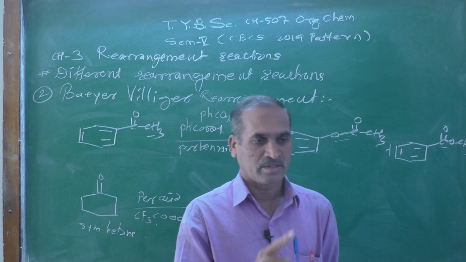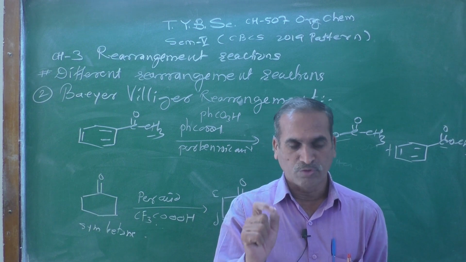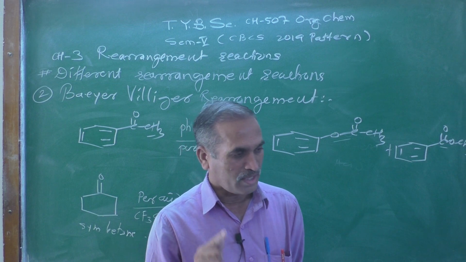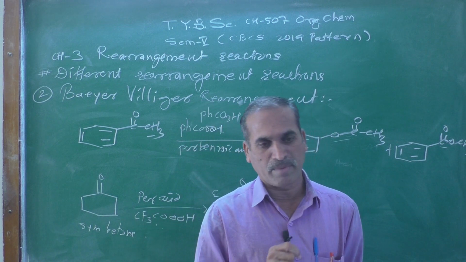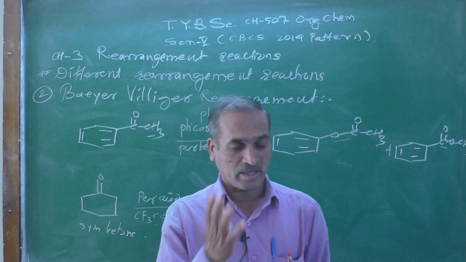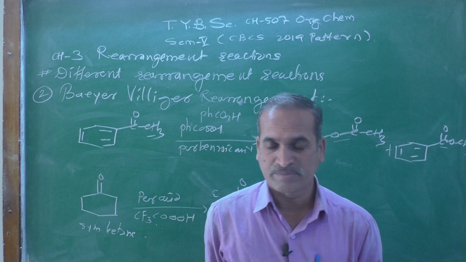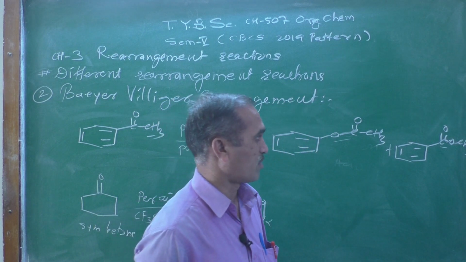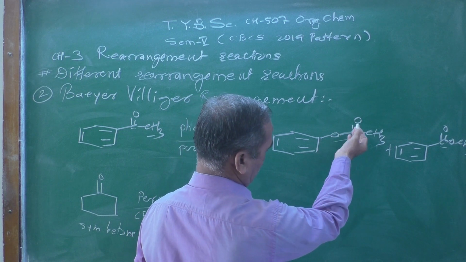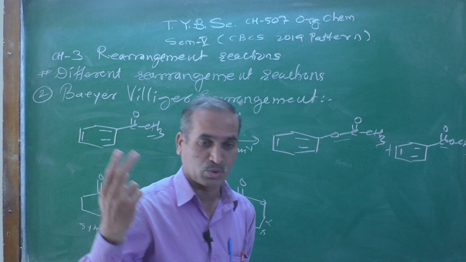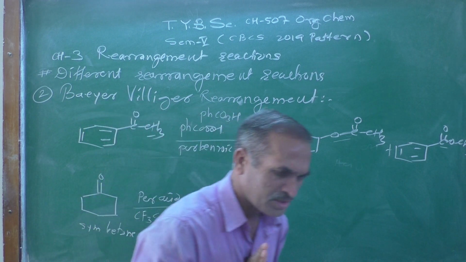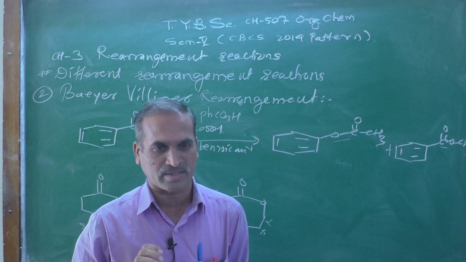Techniques like UV, IR, NMR, in NMR, H1 NMR and carbon 13 NMR, these are two powerful techniques, and using them you can easily distinguish these compounds. But right now just remember this compound and this compound are totally different, they are isomers of each other. We can call it structural isomers.